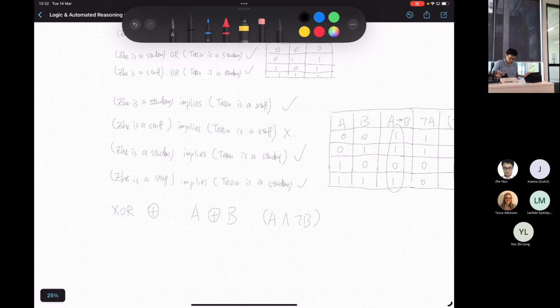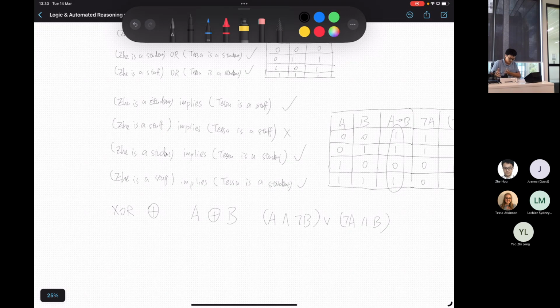All right? And being exclusive, there are two cases. The second case is A is false and B is true, and they are connected by OR. That's the exclusive OR. All right, so either A is true and B is false, or A is false and B is true.